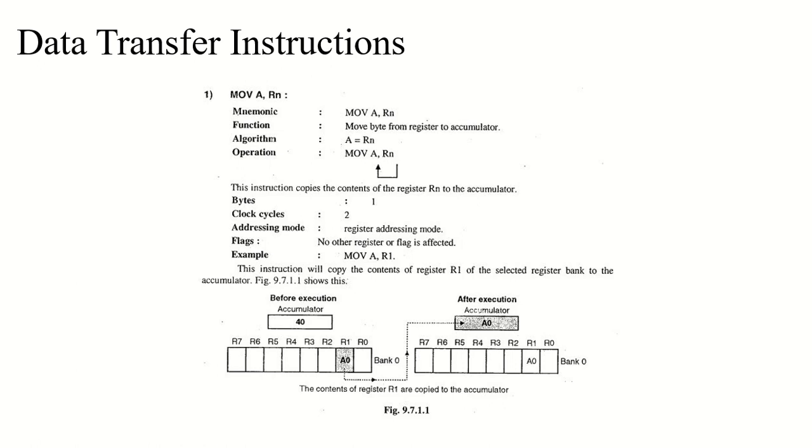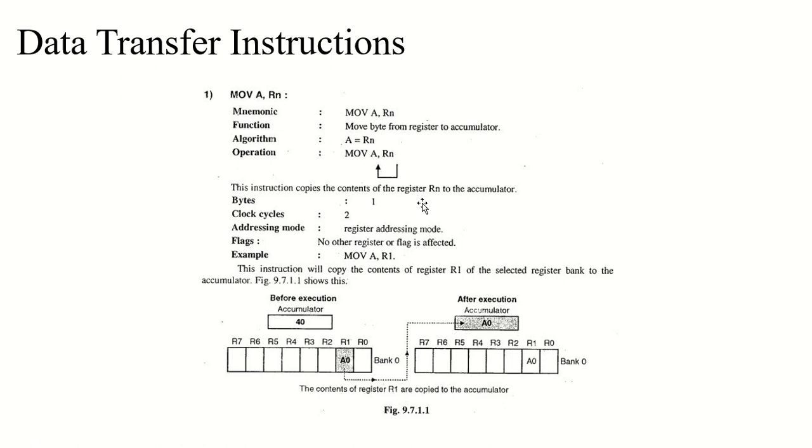And how? Before execution, what does the accumulator have? The accumulator has 4T. And what does register R1 have? Before execution, register R1 has A0. Now you execute move A comma Rn, and at the end of this instruction what will you get?